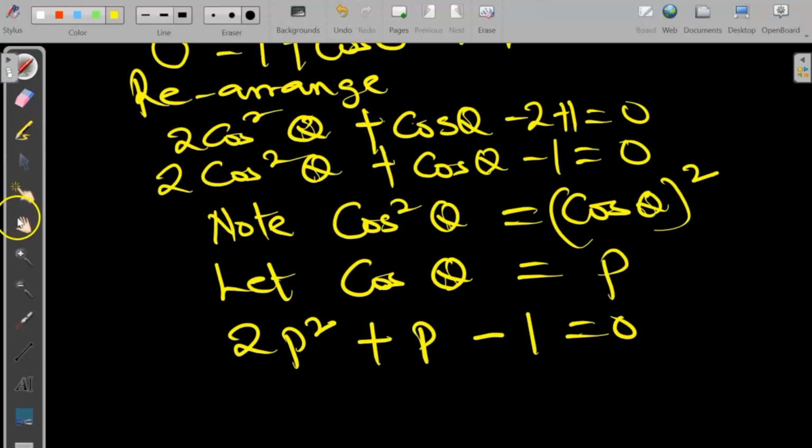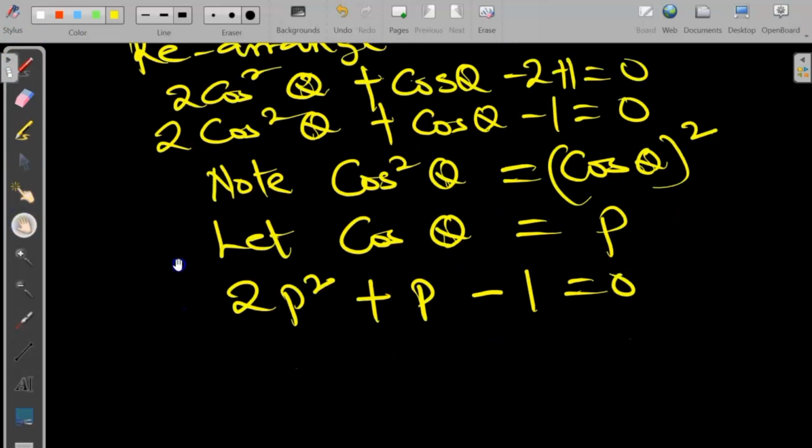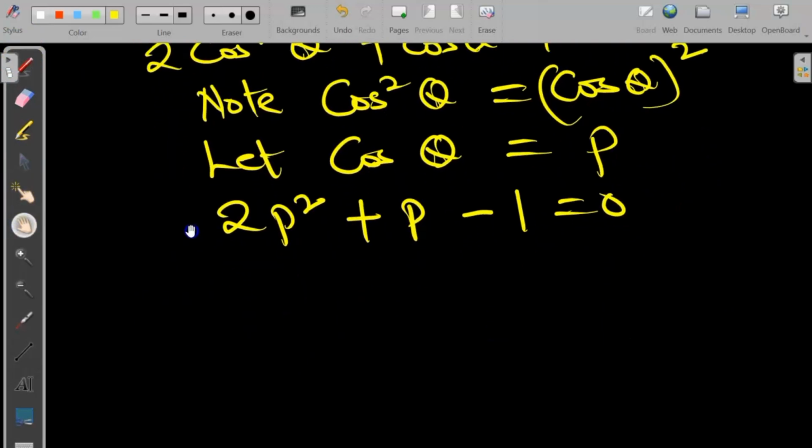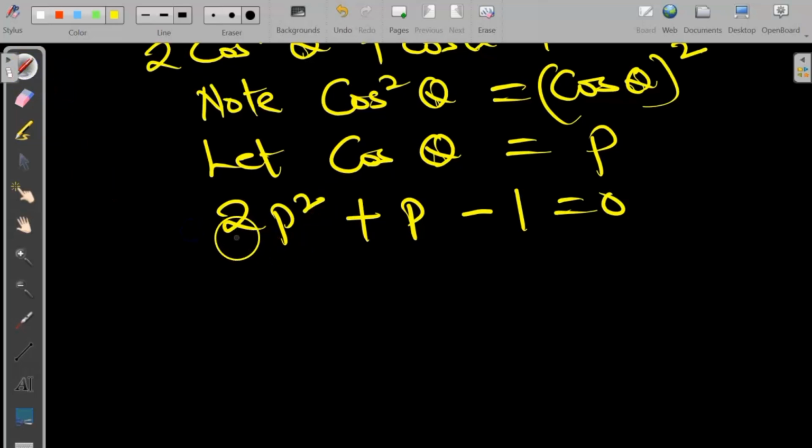So we are going to factorize this quadratic equation. We multiply this term by this, so we have minus 2. Then the coefficient of p is 1. So we think of two numbers whose product will give us minus 2. We have 1 and 2.